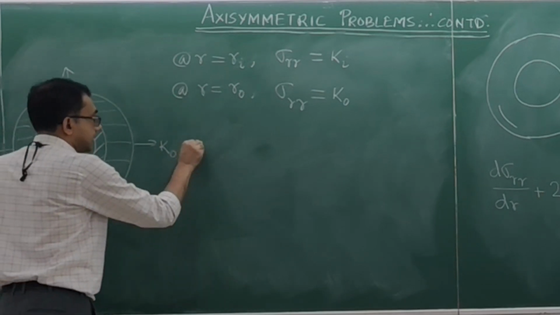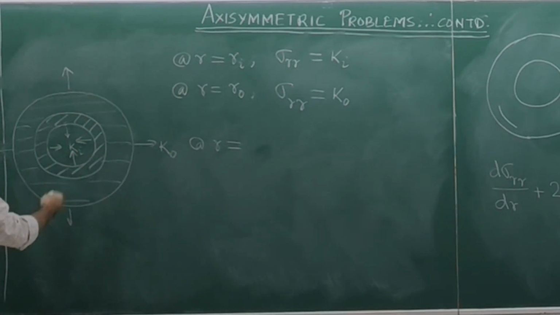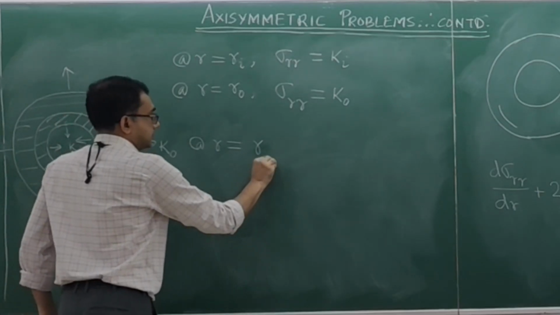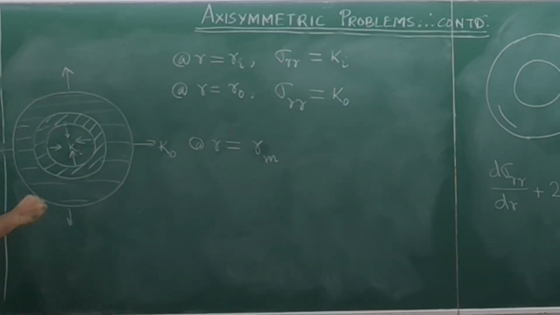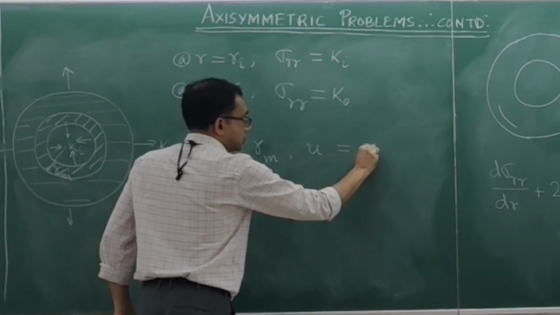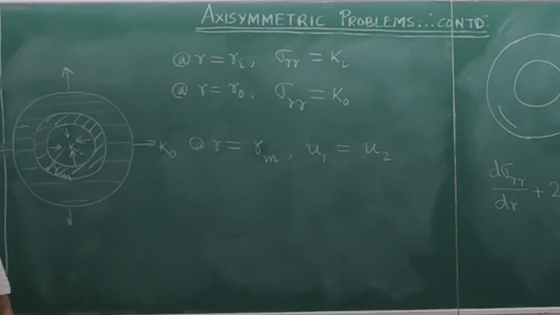Let us say that R is equal to Rm, R middle. At R is equal to Rm, we say that U1 is equal to U2, or UA is equal to UB.